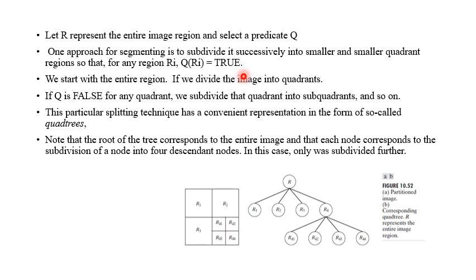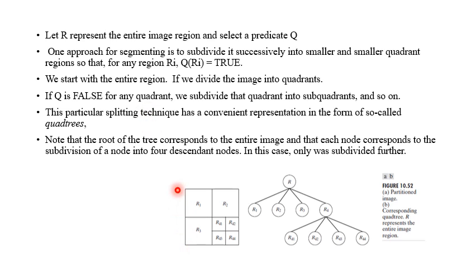So we take the entire image and keep dividing it into quadrants. If Q is false for one particular quadrant, keep on subdividing. The time it becomes true, I cannot further subdivide because already it is one particular segment. So if it is false, keep subdividing till within that region it is true.